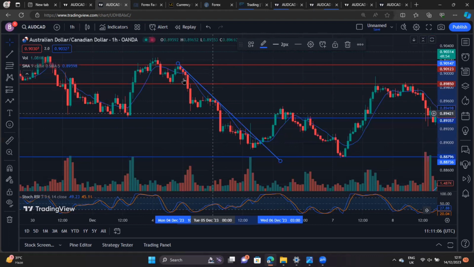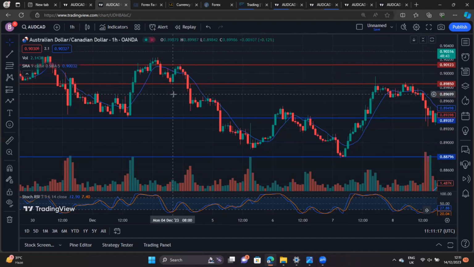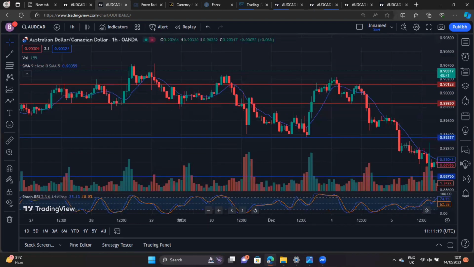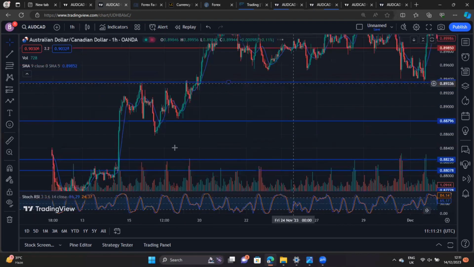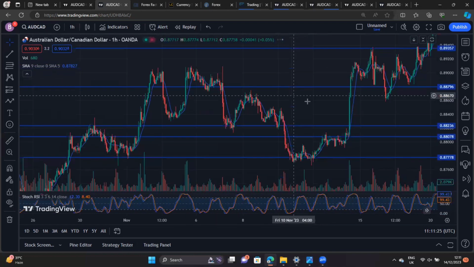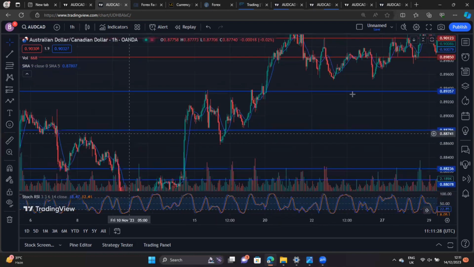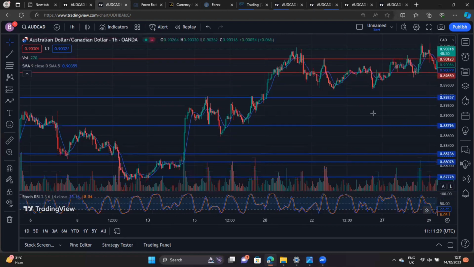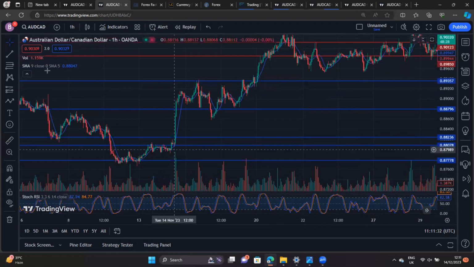In a falling market like this, price goes up and down, up and down. Let me look for a proper downtrend. Okay, let's use this uptrend for illustration.